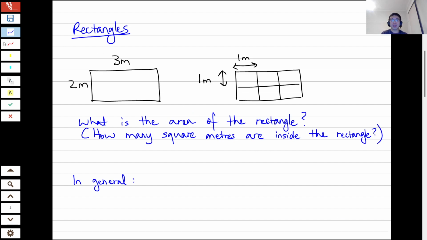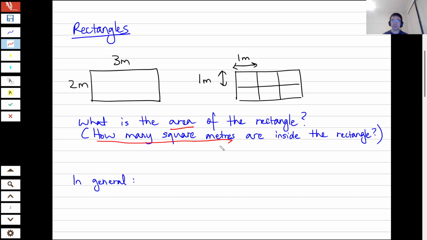So the question that I want to pose for you is, suppose I give you this rectangle with dimensions 2 meters by 3 meters. What's the area? And what I'm really asking is, how many square meters can I fit inside this rectangle?